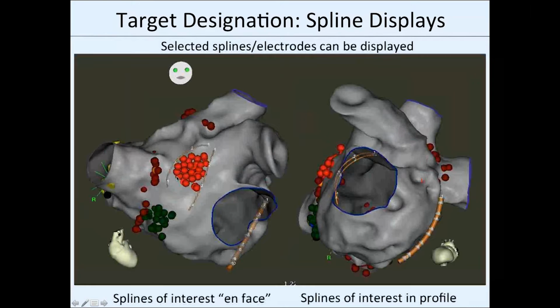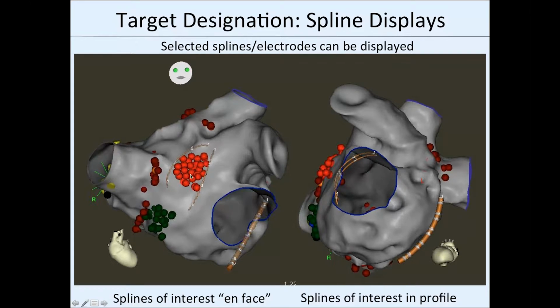So what I like to do instead is have the 4 electrodes on the 2 splines that are involved. So for instance, in this case, it might have been splines G and H and electrodes 3, 4, 5, and 6, and so we pin those out as electrode 1, 2, 3, 4. It's what's plugged into the mapping system, and so then I know exactly where I want to ablate.